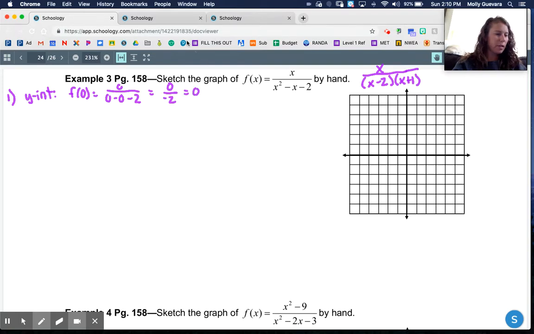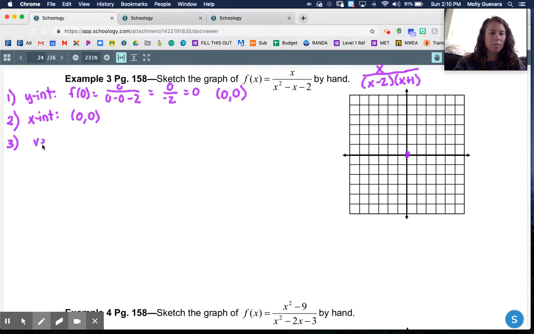So that tells me that my y-intercept is at the point (0, 0), right there. Step 2 is to find the x-intercept. And the x-intercept is what values give you 0 on the top. Well, the only value that can give me 0 on the top is 0. So my x-intercept is also (0, 0), which I've already plotted.